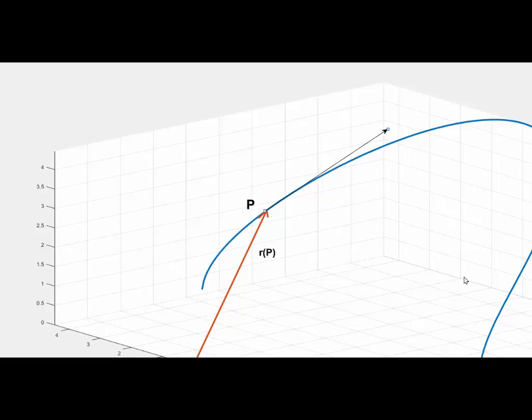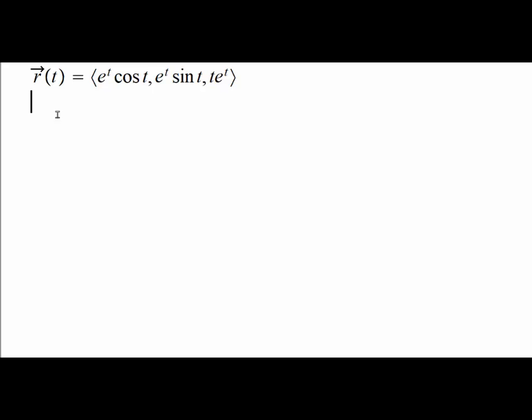Alright, so we will do some calculations now. Let us look at this example, that a curve is traced by this radius vector, and we have to find the velocity vector, the acceleration vector, and the speed, just like a textbook example.